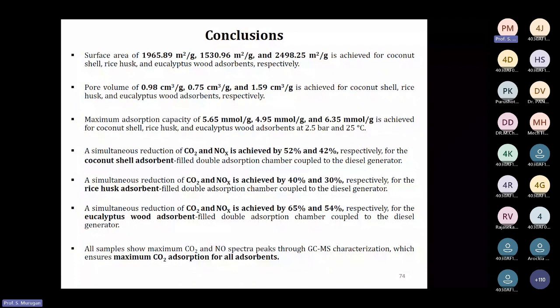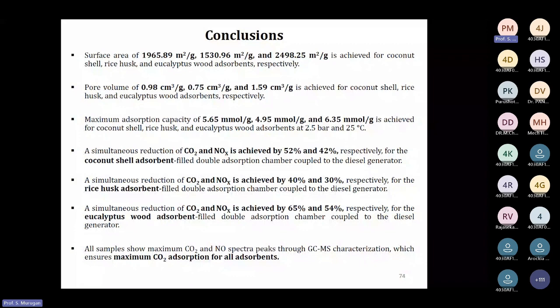And the maximum absorption capacity of about 5.6, 4.9 and 6.3 millimole per gram was recorded for three different activated carbon samples, namely coconut shell, rice husk and eucalyptus wood activated carbon, which was measured at 2.5 bar and ambient temperature of 25 degrees Celsius.